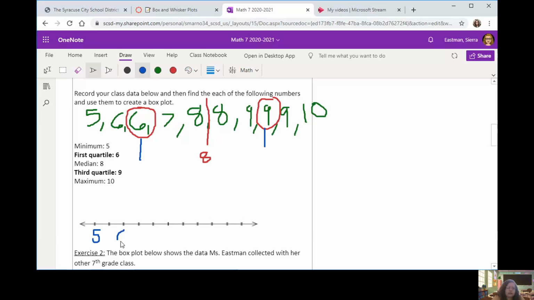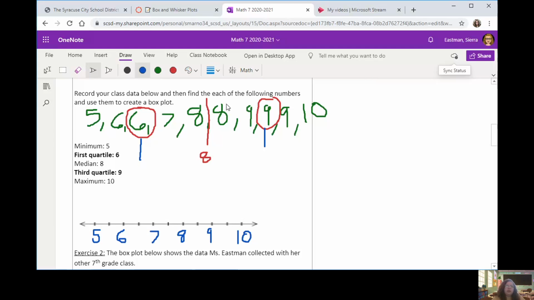So I'm going to say 6 is here, 7's there, 8's here, 9's here, and then 10 is here. If we had different numbers, I might have to change the way that I labeled these. If we had 6.5 or halfway marks, then those halfway points would come in handy because we could use those. It really depends on how big of a number line you have to work with.